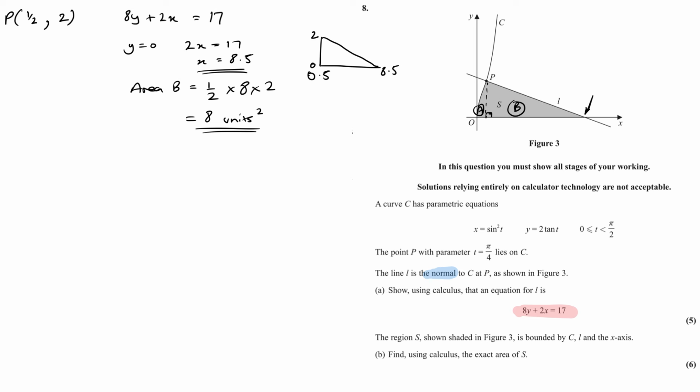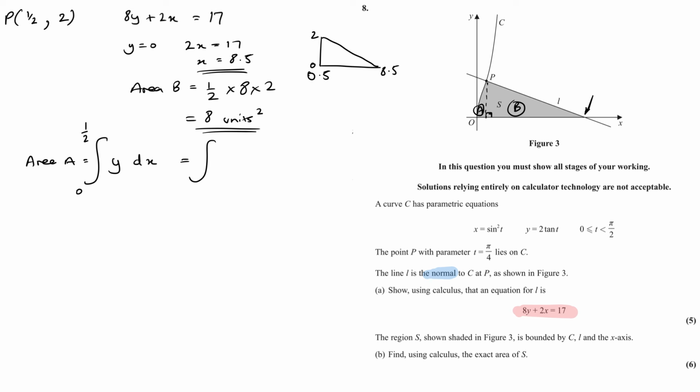Now we need to get area A. So area A is going to be integrated, isn't it? It's between 0 and a half, and what I'm integrating is basically y, aren't I? So currently we think y dx, and then we need to do a little bit of manipulation.